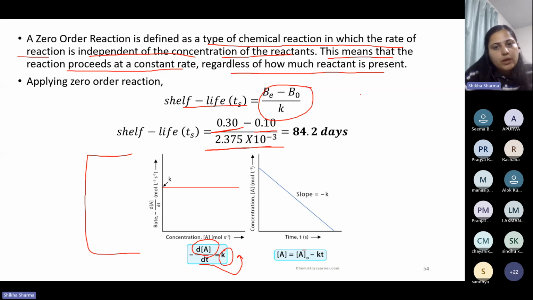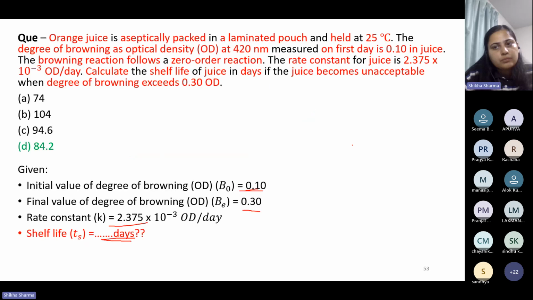So in the numerator it will be 0.2 divided by 2.375 into 10 to the power minus 3. So the answer is 84.2 days. So option D is correct, 84.2.